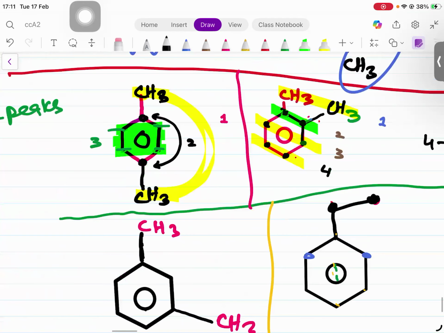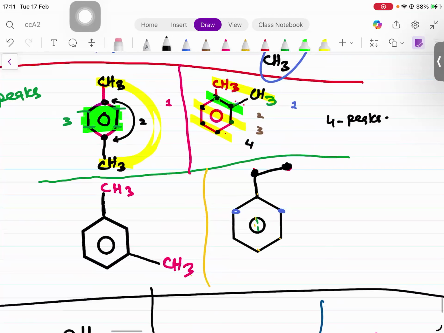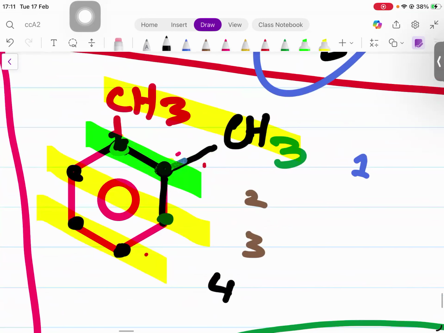But I did not understand why they excluded. No, which one? There are 4 peaks. So the ones which are highlighted, these two CH3s, the next two, and the next two. Because you look at their neighbors, na? Look at their neighbors. Do their neighbors look the same or different?